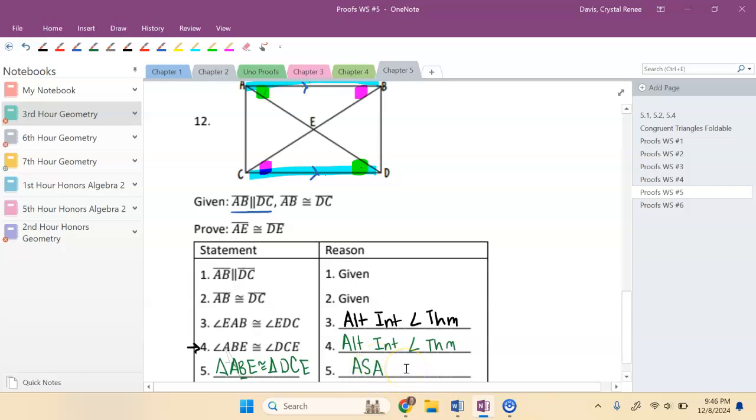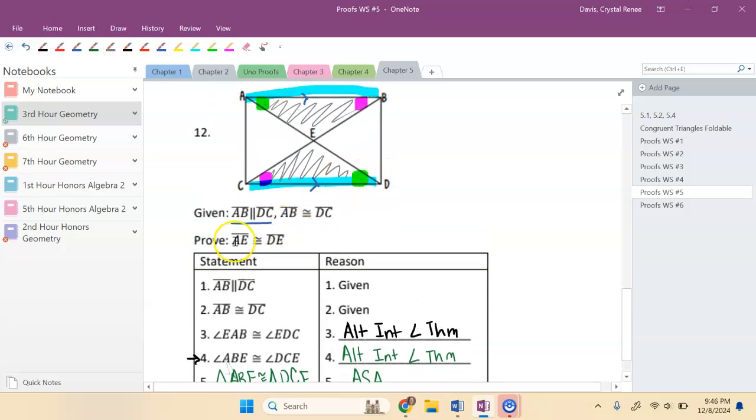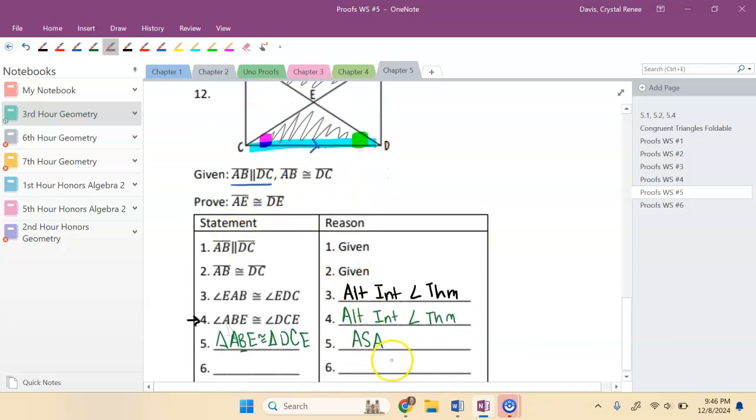Now that I know that these two triangles are congruent, once again, that would be this triangle here and this triangle here. These are congruent, which means that every single part of each of these is congruent to the corresponding part of the other. So if I look at AE, which is first and last, that has to be congruent to first and last, which is DE, which is exactly what this is saying.